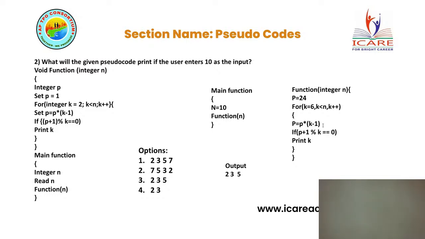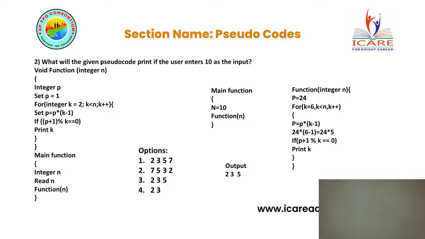So again p is equal to p into k minus 1. P value is 24. 24 into k value, which is 6, minus 1. After executing this operation, 24 into 6 minus 1 gives 24 into 5. Do you know the value of 24 into 5?